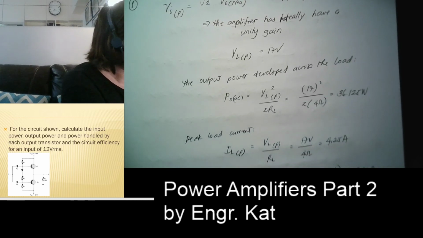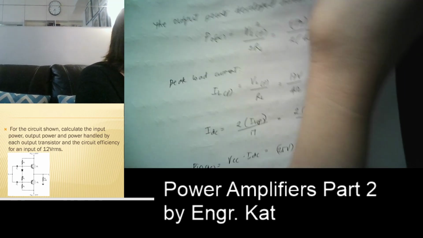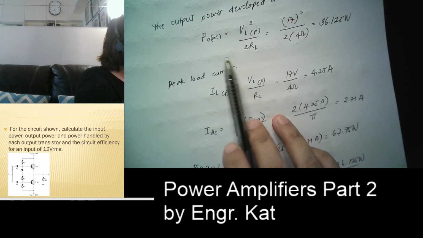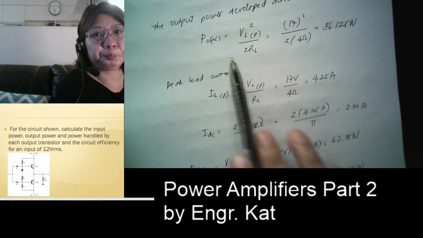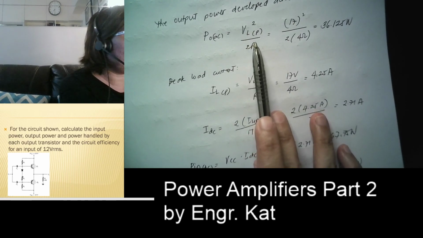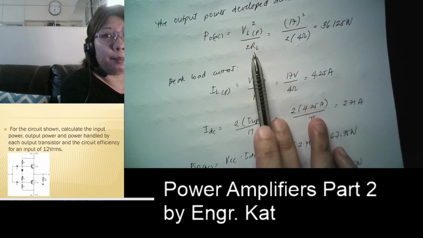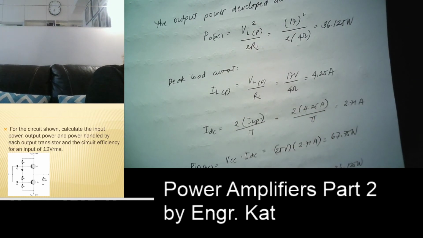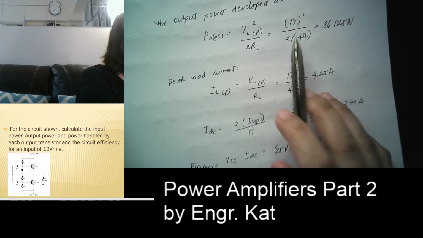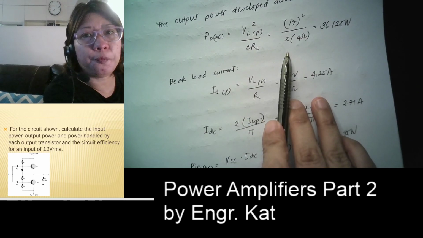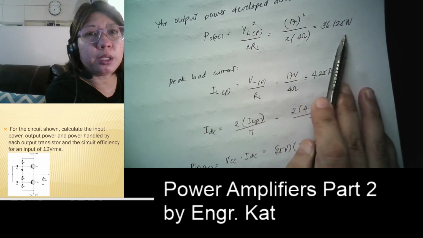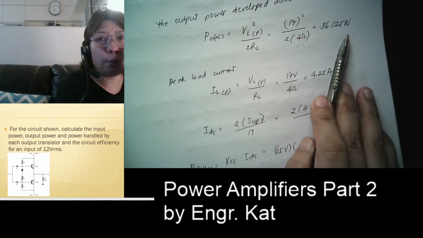Okay, so the output power developed across the load now is equivalent to POAC, which is VLP squared all over 2RL. Why do we have 2RL? Because we make use of the peak voltage. So we have here 17 squared divided by 2 times 4 ohms, which is 36.125 watts.